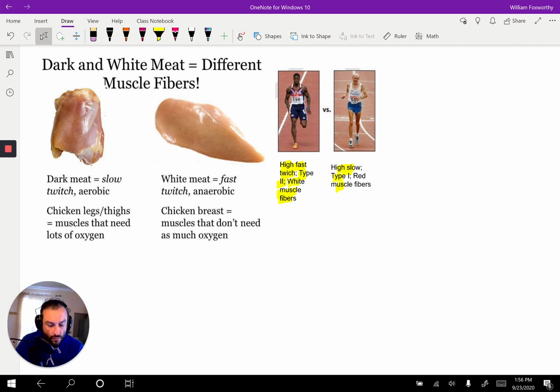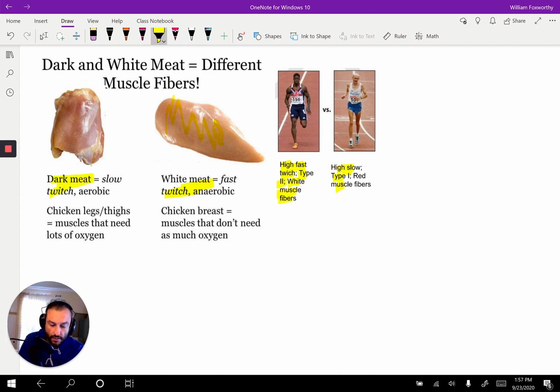In your fast twitch fibers, you have a whole bunch of muscle fibers and nothing else. So you've packed in the muscle fibers as tightly as you can, to the exclusion, for example, of blood vessels. And so these muscles are able to produce a lot of force, and they can do it quickly, but they also tire quickly because they don't have blood vessels to support aerobic cell respiration.